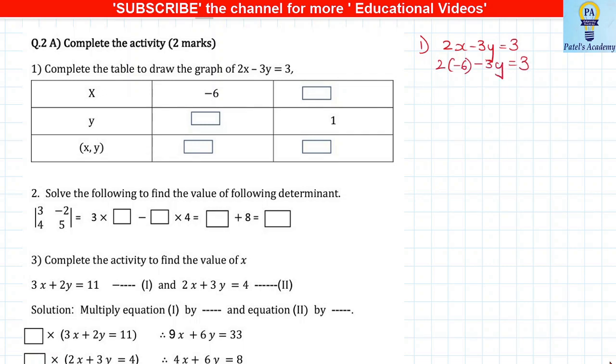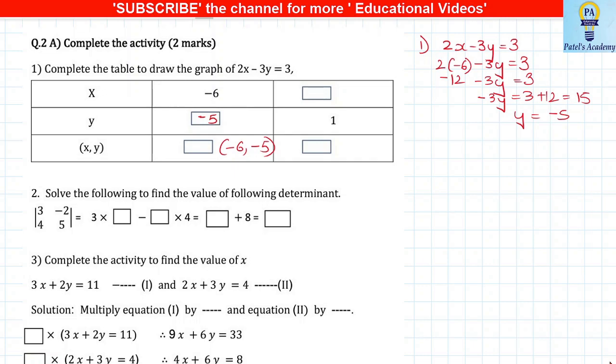So I will get minus 12 minus 3y equal to 3, minus 3y equals 3 plus 12, that is 15. So y equals minus 5, and the point is minus 6 comma minus 5.